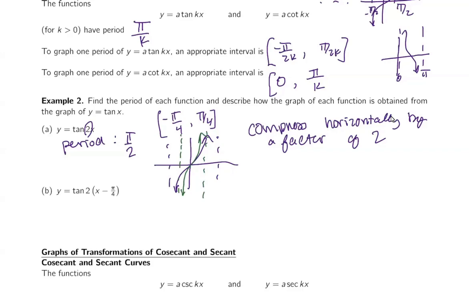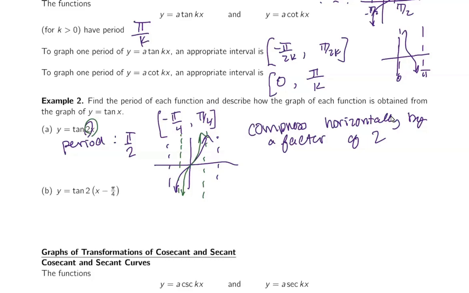Okay, another thing that I like to think about when we have these period translations is it's kind of weird that when we have a 2 here, it actually gets skinnier. But for the period translations, I like to think about, like, if you were to watch a movie on double speed, would it take longer or less time to watch it?